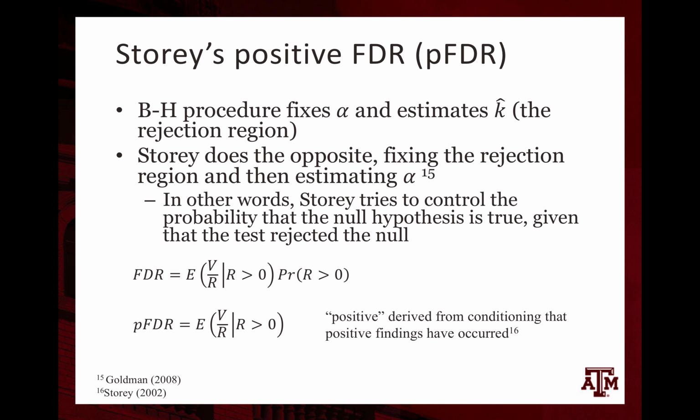You'll remember when we were looking at the FDR technical definition, we saw this expression up here. The PFDR is actually given by a component of that, but we've taken away the probability that R is greater than 0. So the term positive in positive false discovery rate is taken from this positive conditioning here.